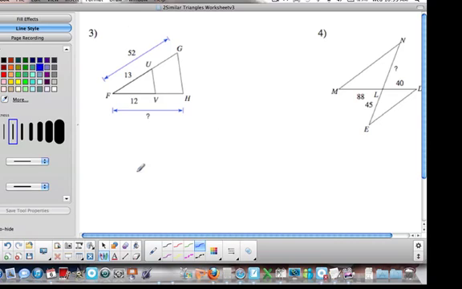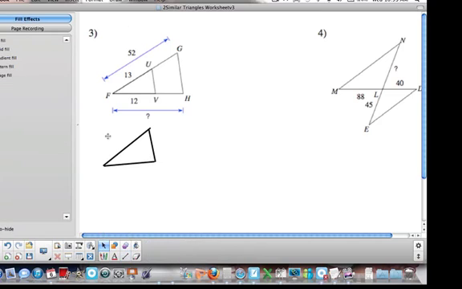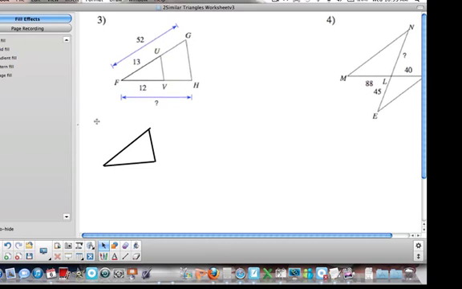In here, we could separate this into two triangles if we want. I'm going to draw this more or less.